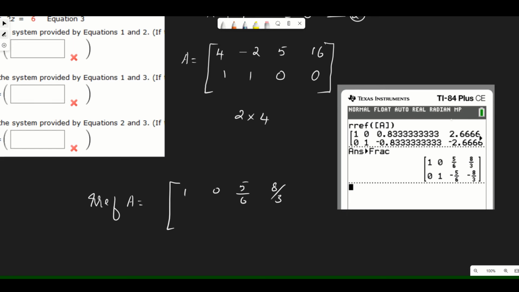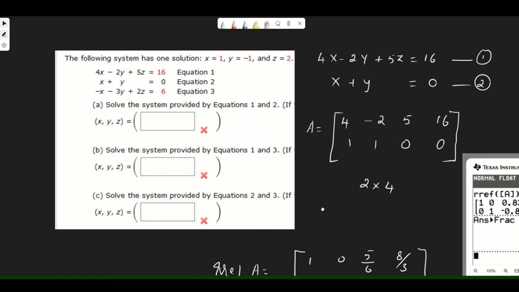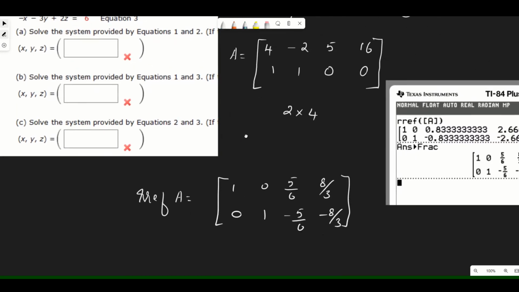and then you have 0, 1, negative 5/6, negative 8/3, so I have 16, 6. Okay.